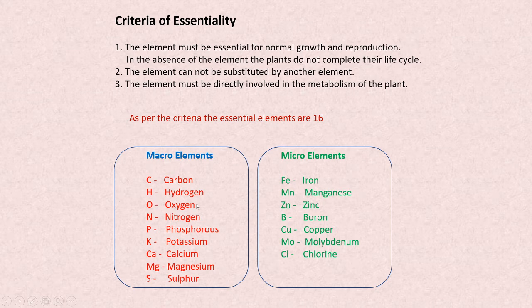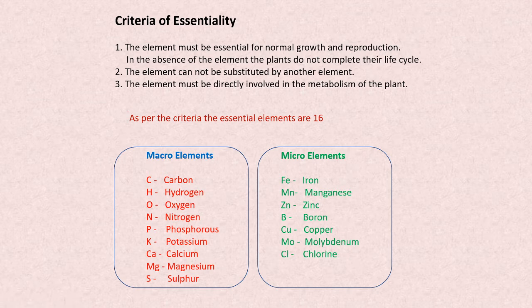Carbon, hydrogen, oxygen, nitrogen, phosphorus, potassium, calcium, magnesium, and sulfur are the macro elements. And iron, manganese, zinc, boron, copper, molybdenum, and chlorine are the micro elements.